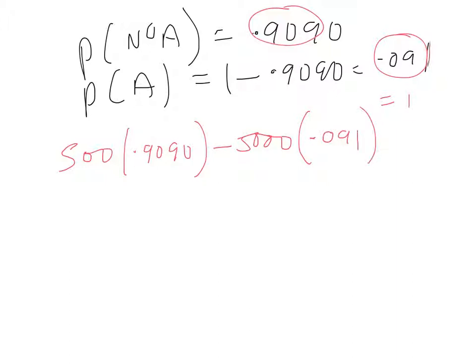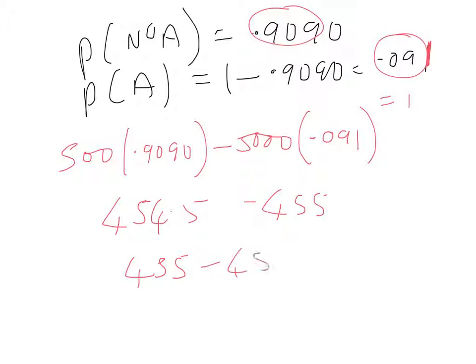Remember that's a 1 up here. Alright, and so when I put the values into my calculator, I get here 454.5. I'll round that up to 455. Okay, and when I do this term, I get 455, and it's a negative. And so what we do is we've got 0.